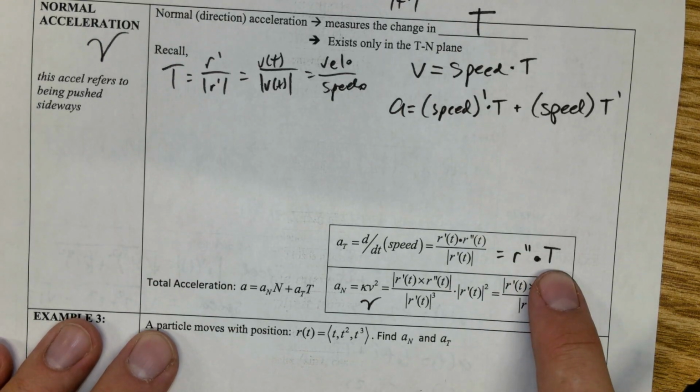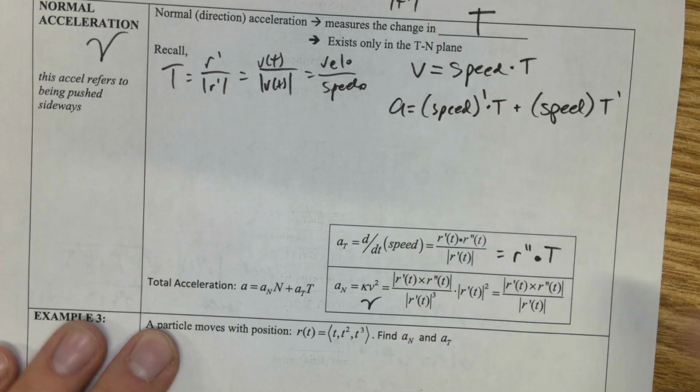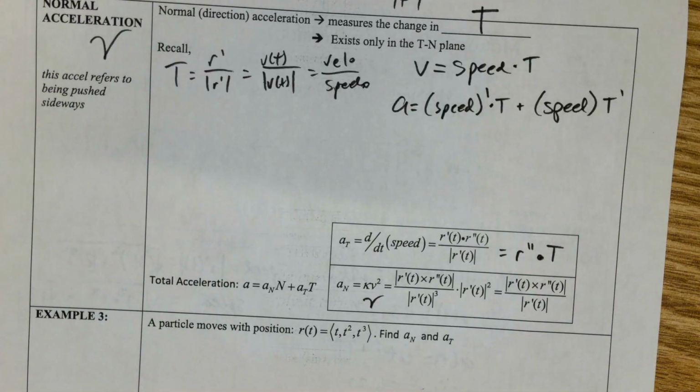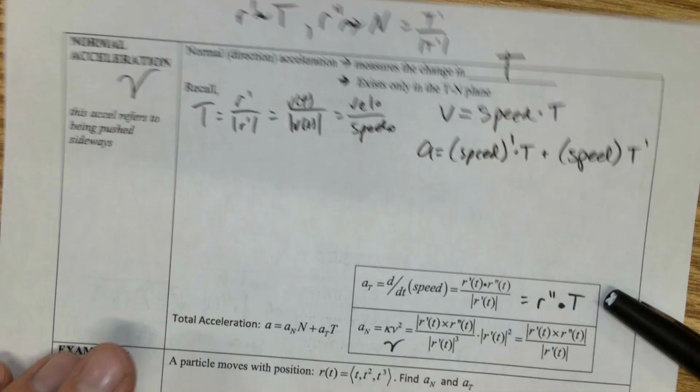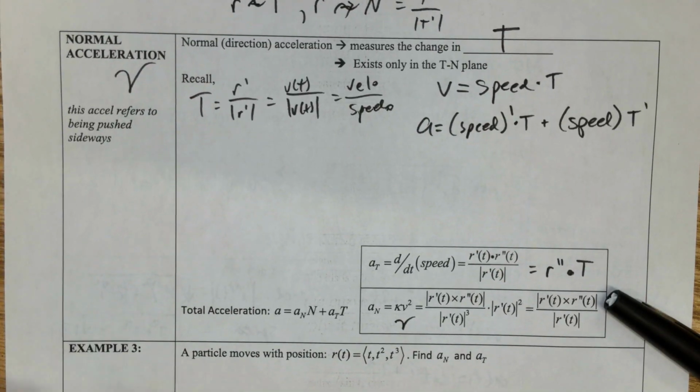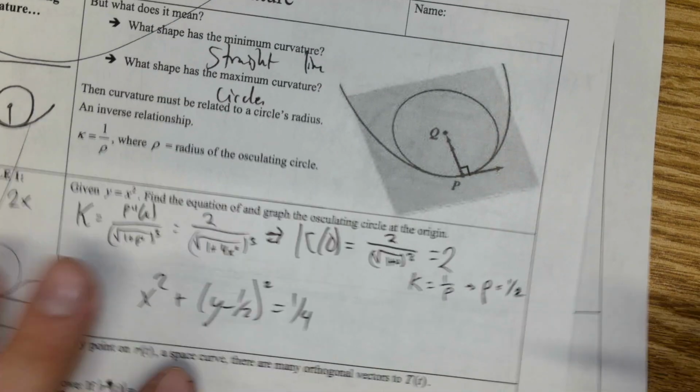How much of my acceleration is going in the direction of t? This is my t direction. But when you drive in the car with your mom, she slams on the brake, you go forward. She hits the gas, you go back. But there's another force that you feel while you drive in the car, and that's hitting the corner really hard, which is going to send you side to side. It's going to send you in that normal direction. I have these notes still sitting over here, right?